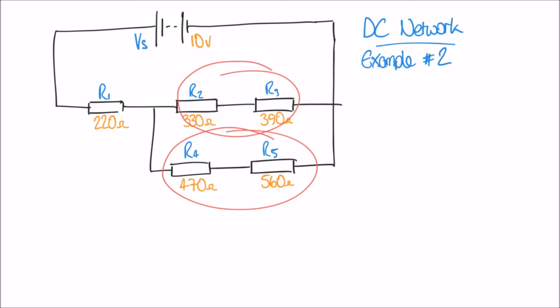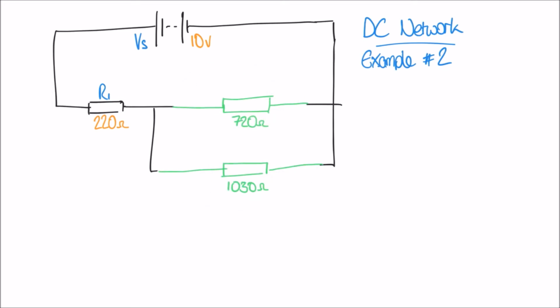When we do that, we should see something that looks a bit more like this. As you can see, the 330 ohm resistor and the 390 ohm resistor that were on the top there have added together to make 720 ohms. And the 470 and the 560 ohm resistors on the bottom have added together to form a total resistance of 1030 ohms.